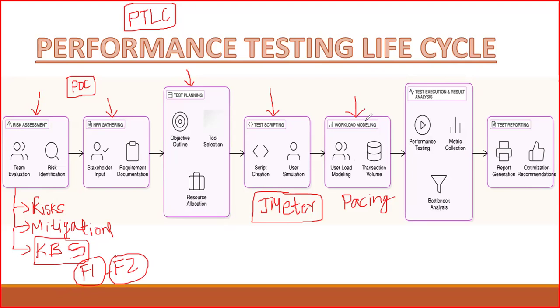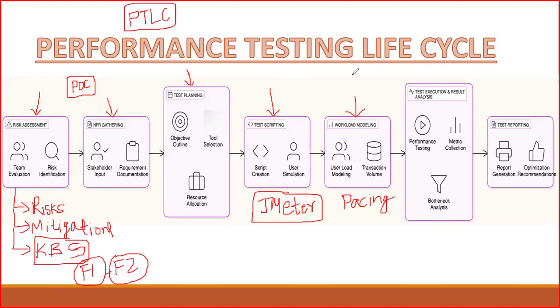Whenever we are doing performance testing, we need to do the testing by keeping something in our mind. For example, if we are testing this application, there should be some proper output also. We need to compare our test output with that proper output so that we get some clarity.